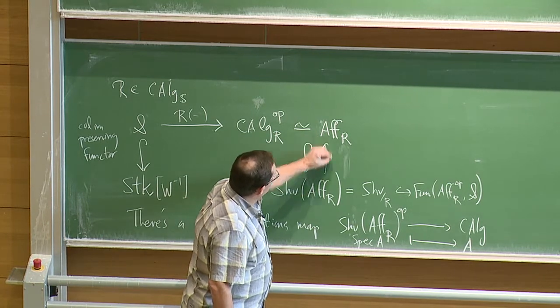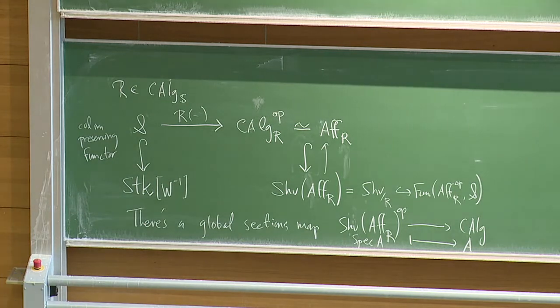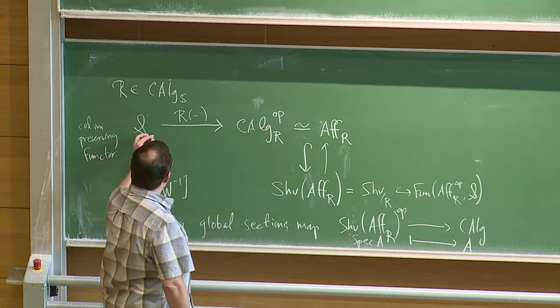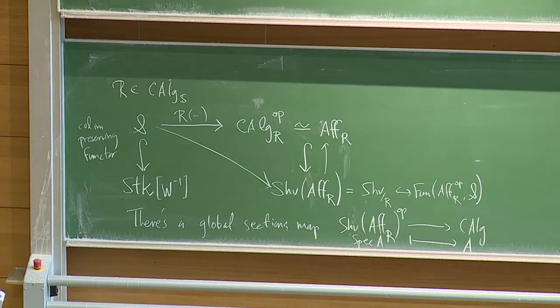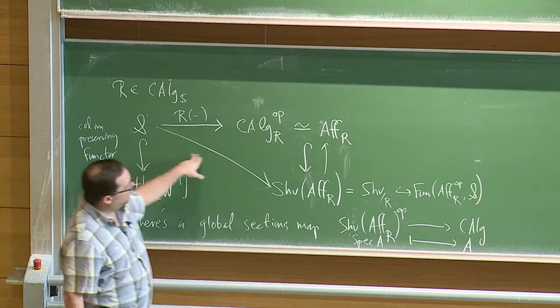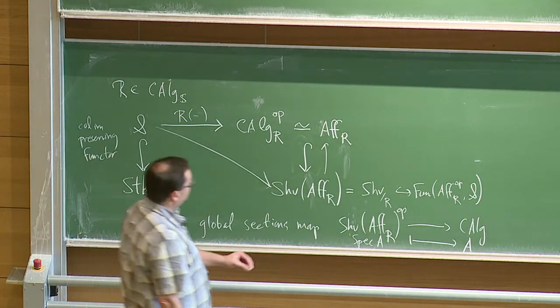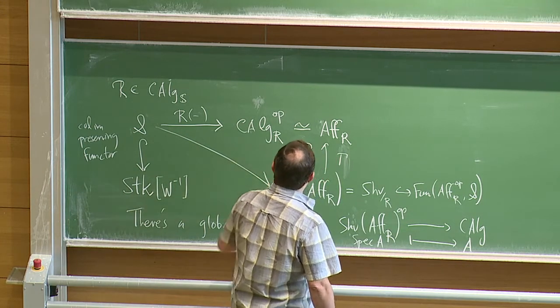What that gives me is a map going back, for which this is a section. So I can always view my homology theories as taking values there and then applying global sections to it. So this is Yoneda. This is global sections.